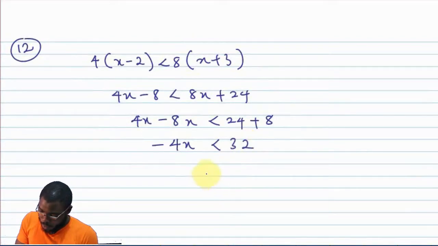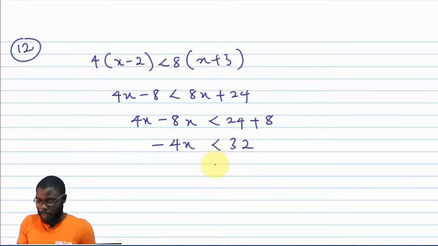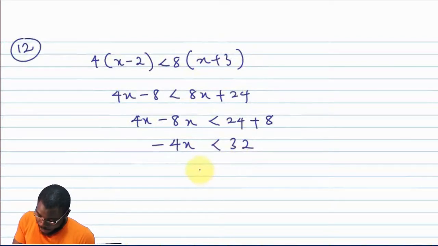So now we divide both sides by minus 4. So we have x now greater than, because we're dividing by a negative 4, the sign flips.